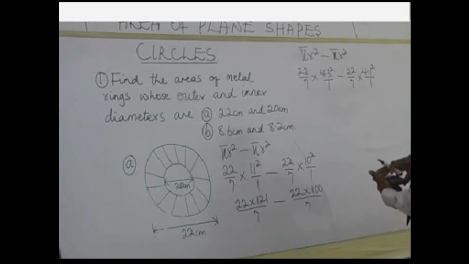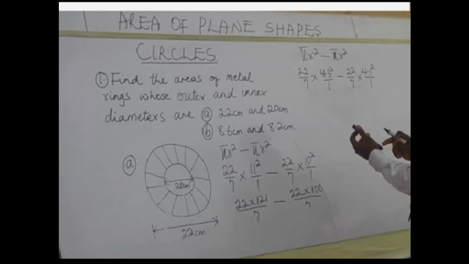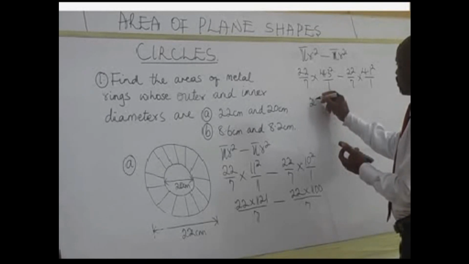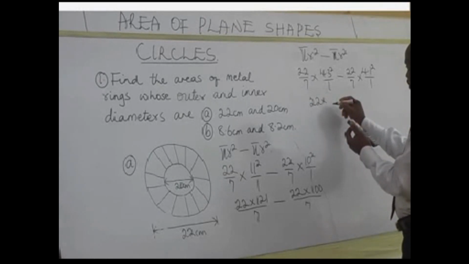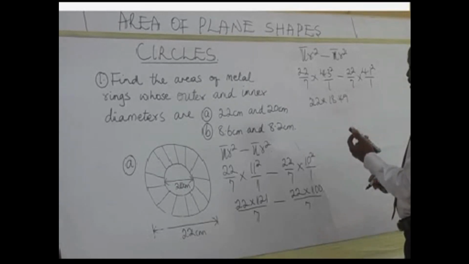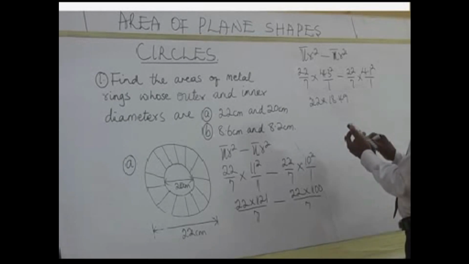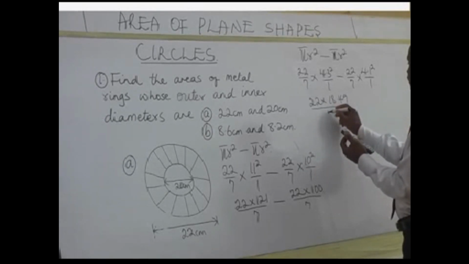You can use our calculator now. First of all, let's find 4.3 squared. 4.3 times 4.3 gives us 18.49. So we are going to have 22 times 18.49, all over 7.